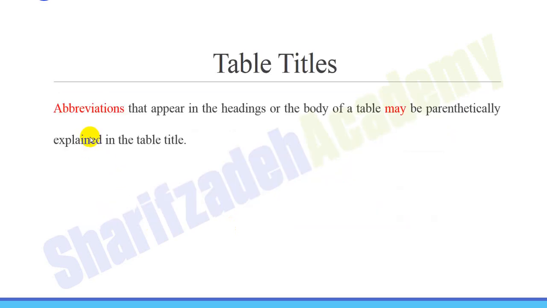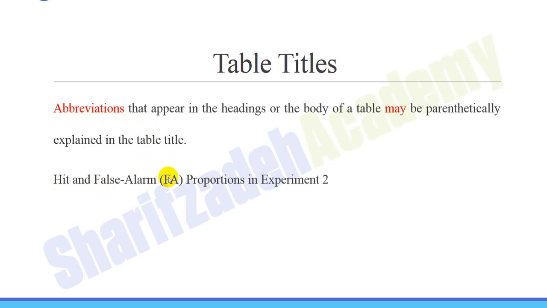And you have to define abbreviations, specifically the abbreviations that appear in the headings and the body of the table. In parentheses, specifically, you can define them in the table title, like this one. This is the title of a table, okay?